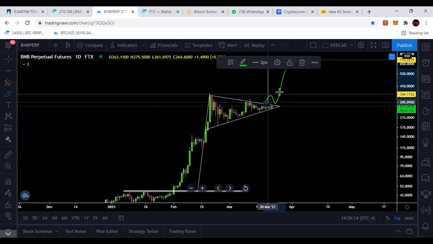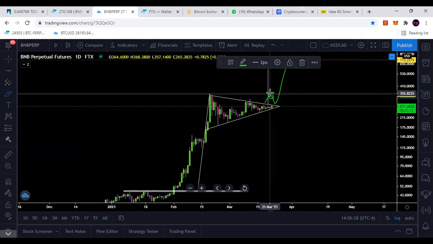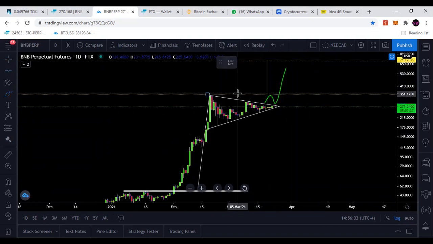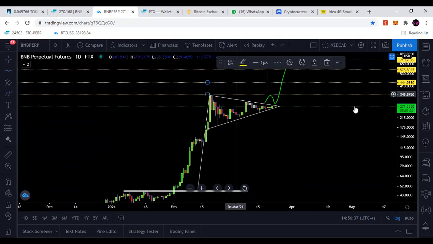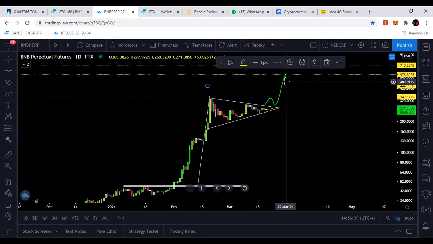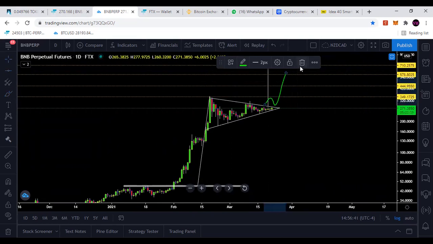That's why you need to be very careful about this zone here. This zone is very important. After that, we can take this, copy and paste, and we'll have our targets ready.